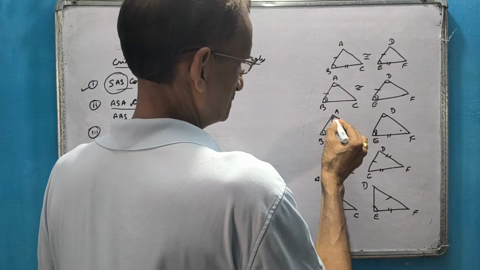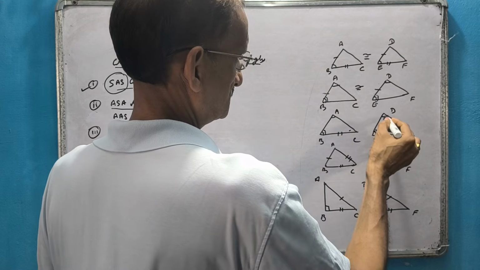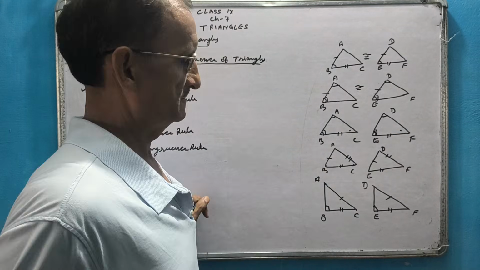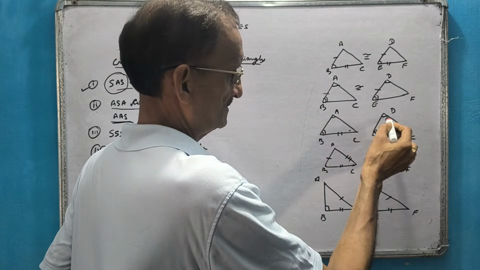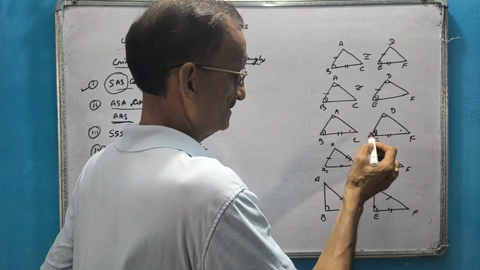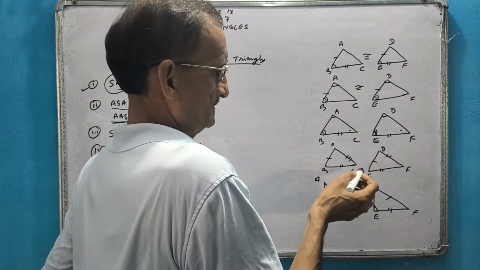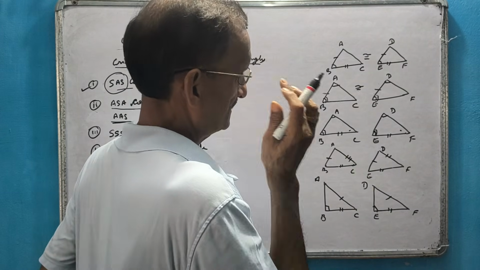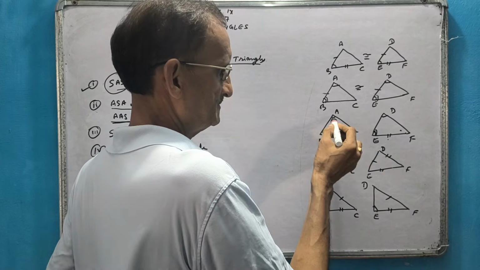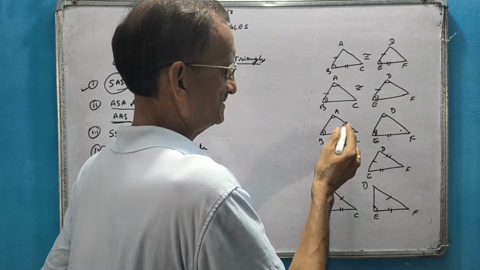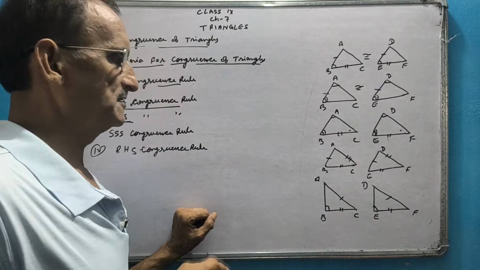Suppose two angles of a triangle are equal to two angles of another triangle. We know angle A equal to angle D and angle B equal to angle E, and BC equal to EF. Then this will be AAS, but AAS is not the main congruence rule.